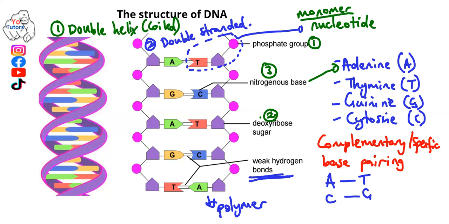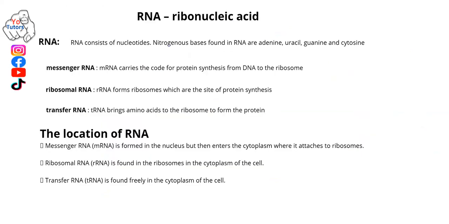Now let's move on to another nucleic acid that we must remember, which is RNA. What is RNA? It's ribonucleic acid, and RNA consists of nucleotides. And we now know the structure of the nucleotide that we have got.